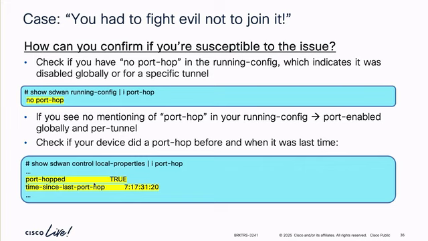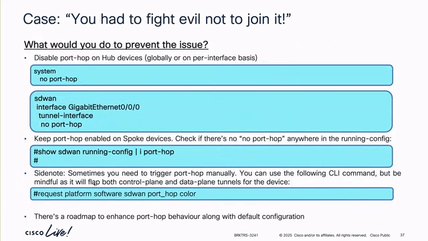You need to see no port hop on the hub device to make sure you will not fall into that problem. That's a recommendation. And then you keep your port hopping on the remote spokes, which is recommended as well. This is how you can prevent that: disabling port hop on the hub device, keeping it on the remote devices.